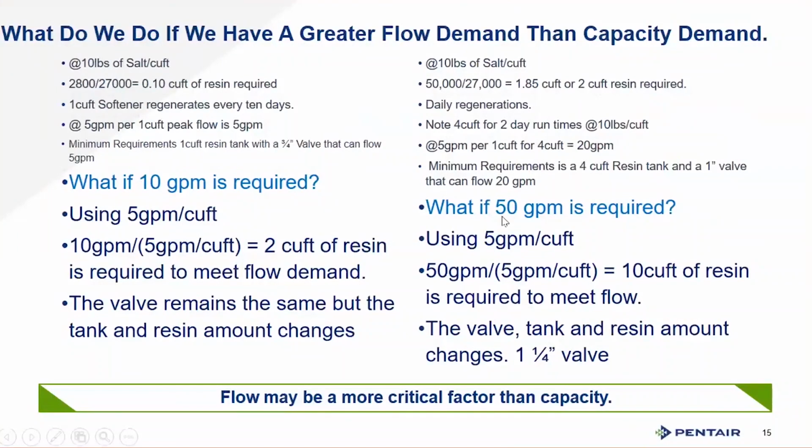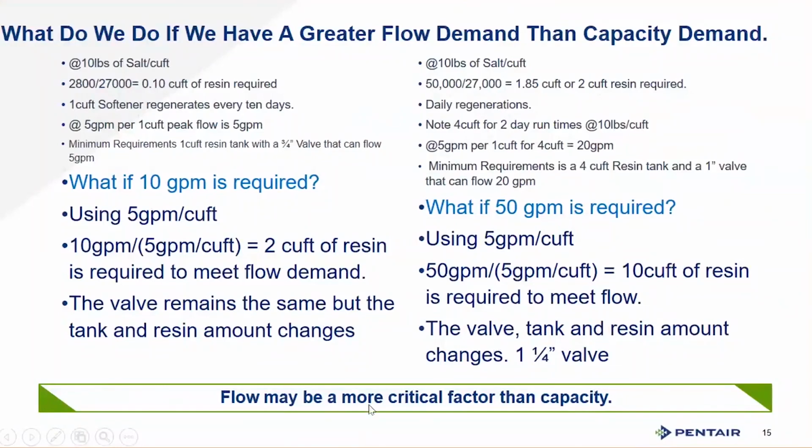In the commercial case, what if I need 50 GPM? While using 5 GPM per cubic foot at 50 GPM, that equals 10 cubic feet of resin to meet the flow demand. While that has changed this design based on flow rate, it changes the valve, tank, and resin amount, and this determines a minimum of a 1.25 inch valve.